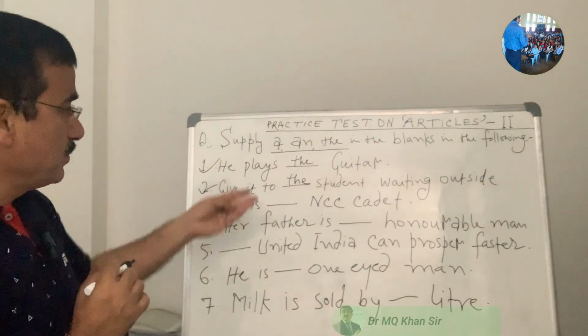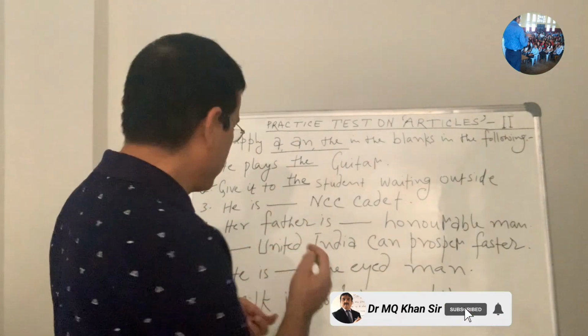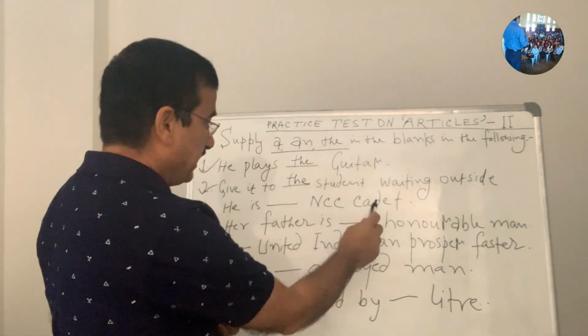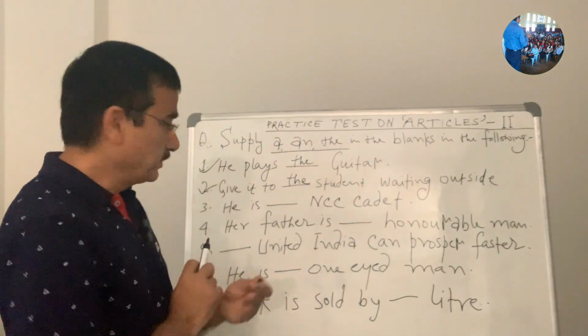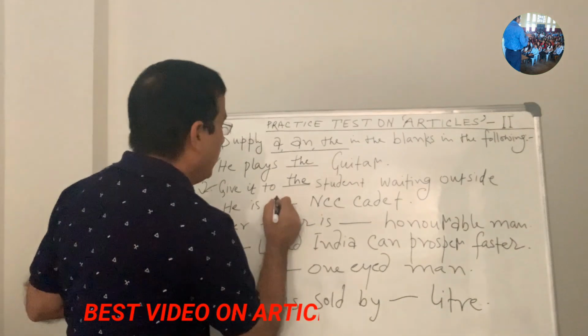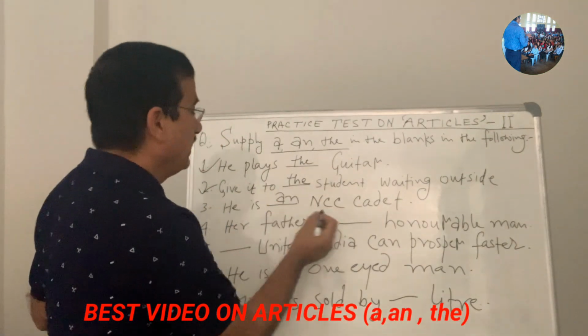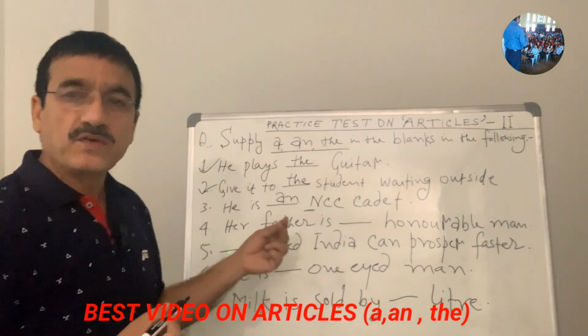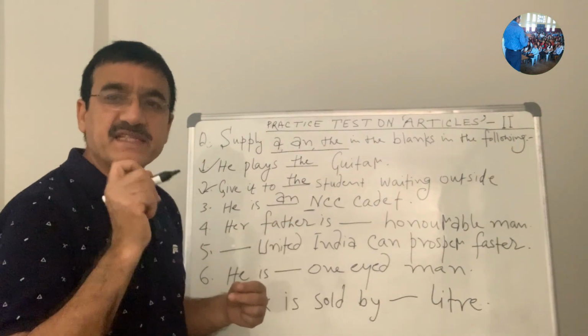Sentence number 3. Two have already been done. Now sentence number 3: He is blank NCC cadet. So what article should be used here? An NCC. Why? Because the initial sound is the vowel sound, N, NCC.